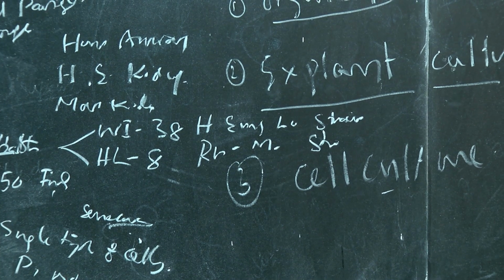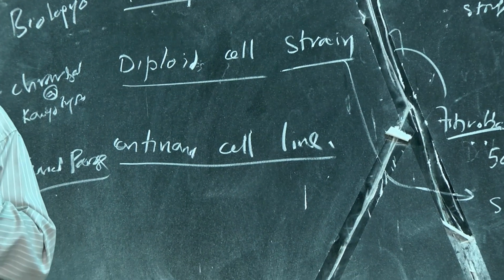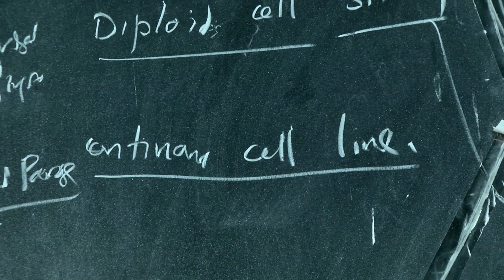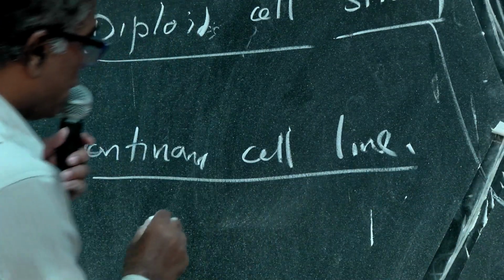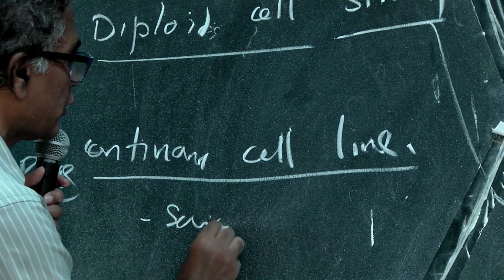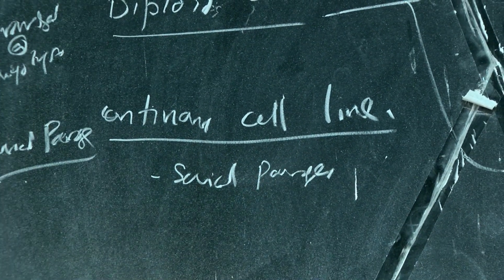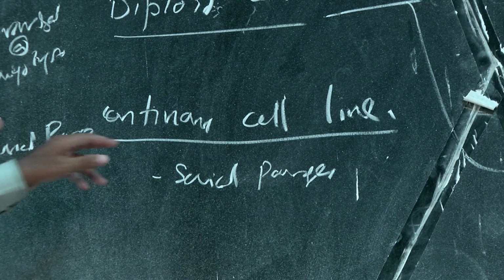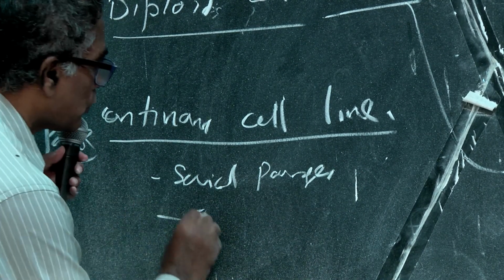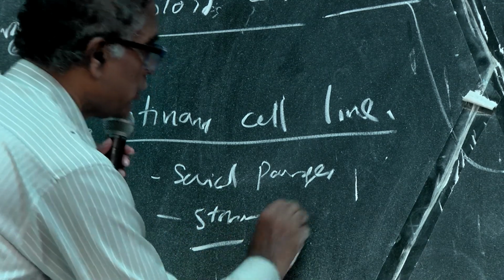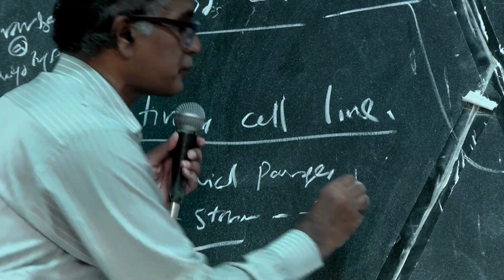Next comes the continuous cell line. As the name says, here there is no limit; there is a chance for serial passage any number of times. It allows for serial passage continuously. So it is a cell line that allows continuous serial passages and helps for storage for any length of time if it is stored at -70 degrees centigrade.